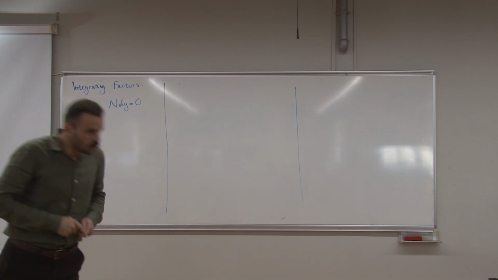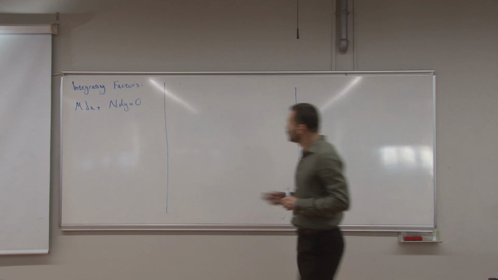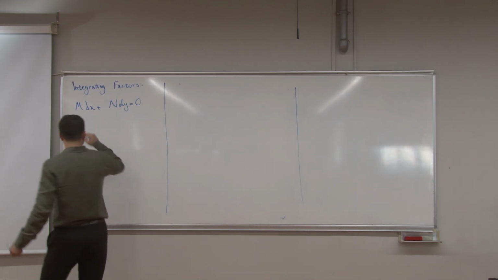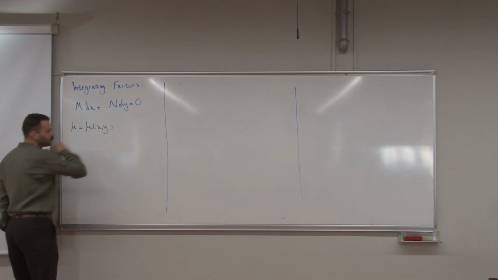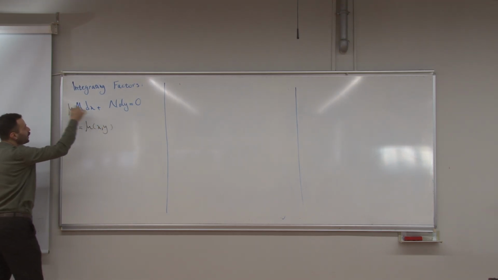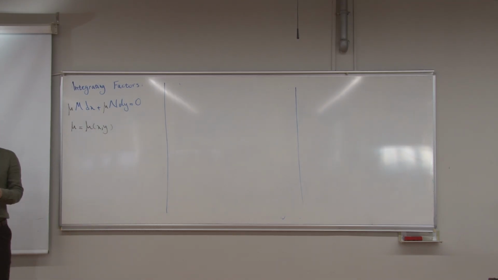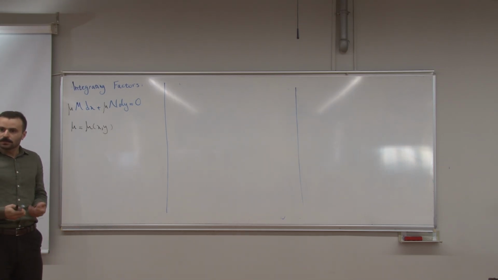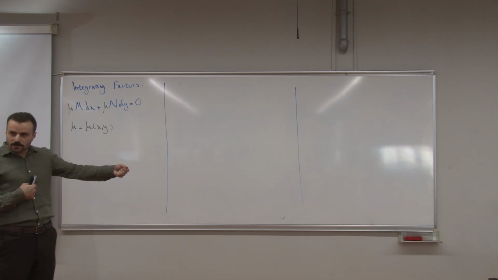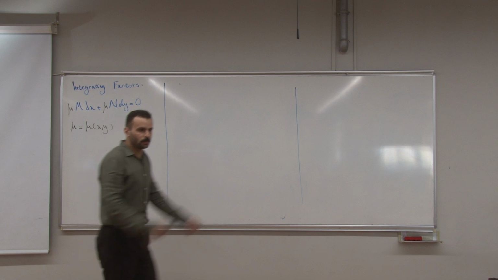But it is not an exact equation. What we are after is this: can I multiply this equation with a function mu, which is a function of x and y, such that after multiplication, this equation becomes an exact equation or not? If I can find this kind of functions, then those are called integrating factors. And we just multiply the equation with that. This turns that equation into an exact equation, so we can solve the equation.